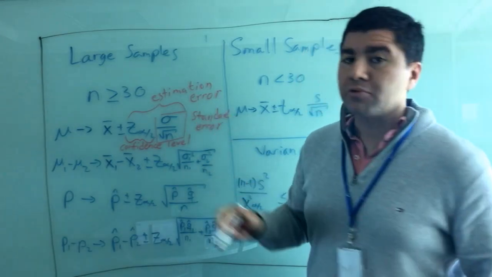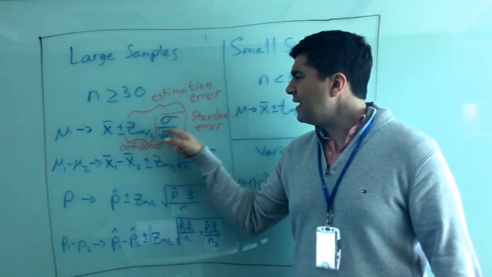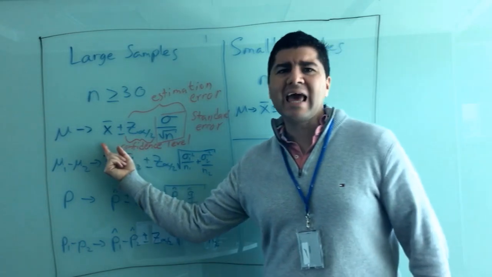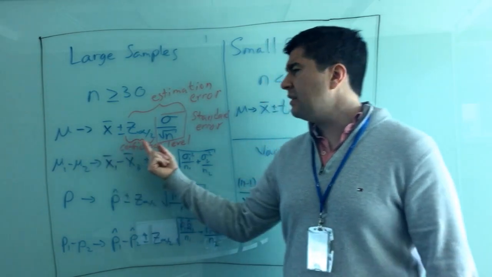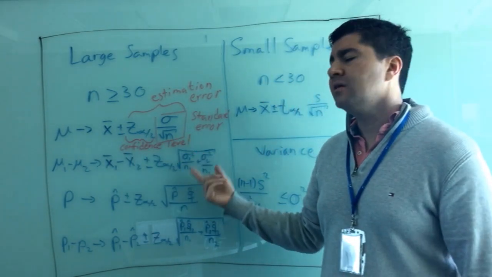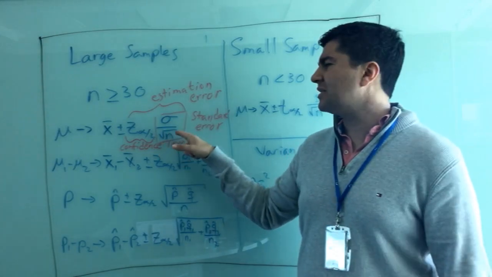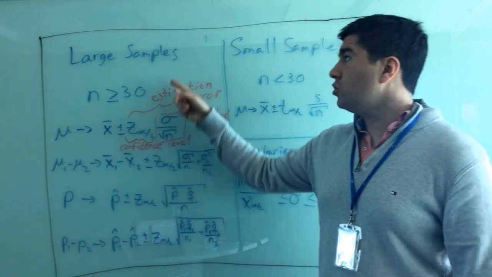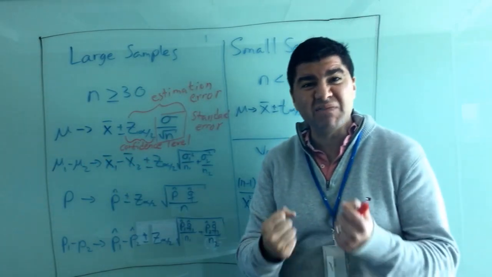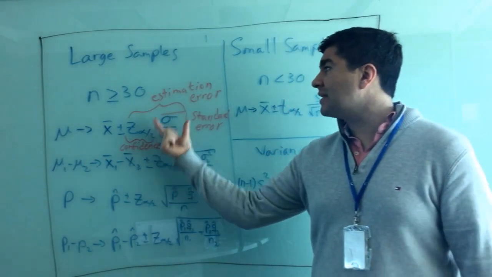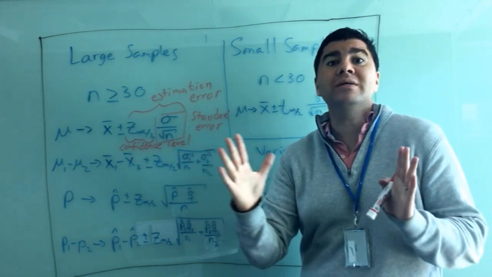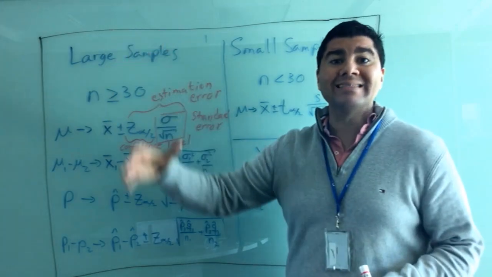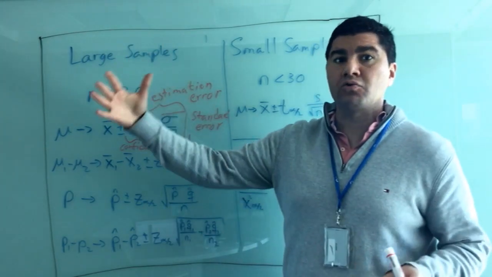The standard error is nothing but the standard deviation from observing what's happening with your sample, divided by the square root of n. The reason for this division is that if you have more data in your sample, your estimation gets even better, because your estimation error decreases as the denominator increases with your sample size.